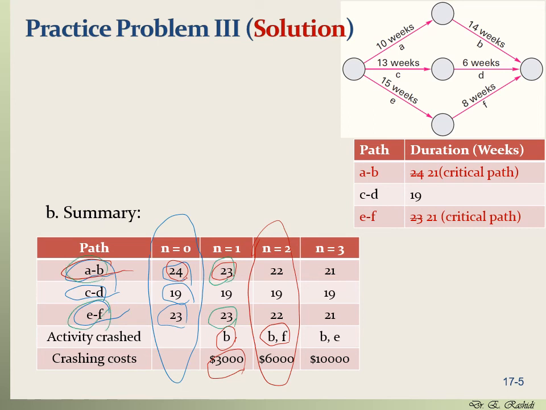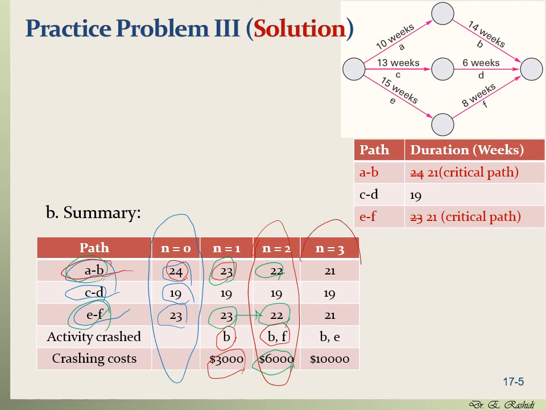So we had to crash both AB and EF. We picked F from path EF to crash, and we picked B from path AB to crash, and it cost us $6,000. The length of path AB from 23 became 22, and path EF from 23 became 22.